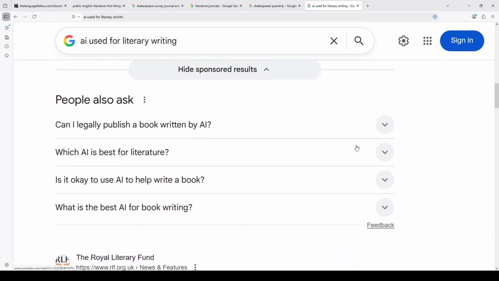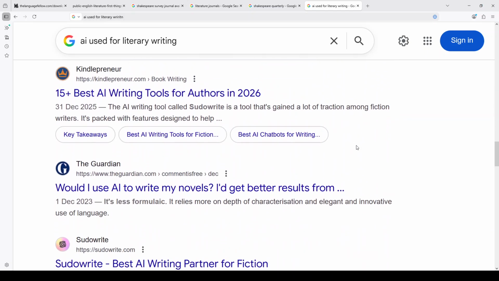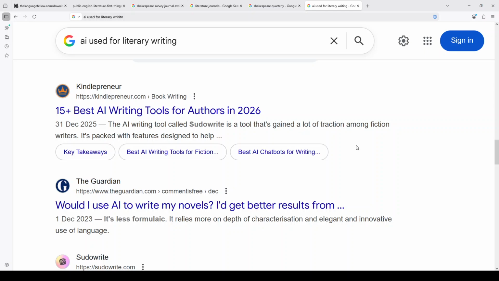In the coming future, how this is going to change is well worth thinking about.